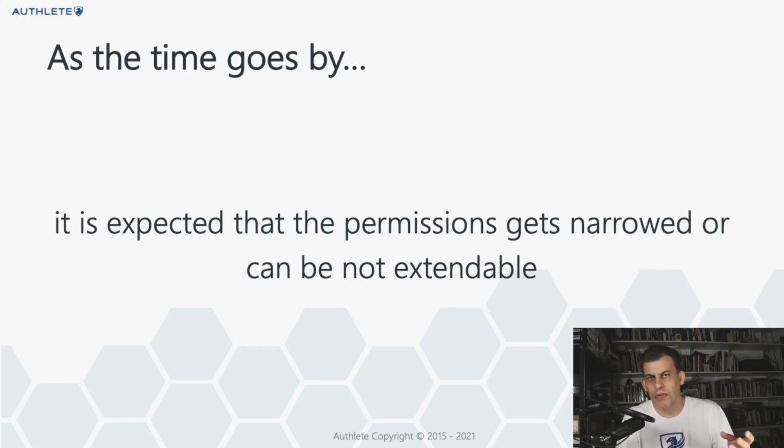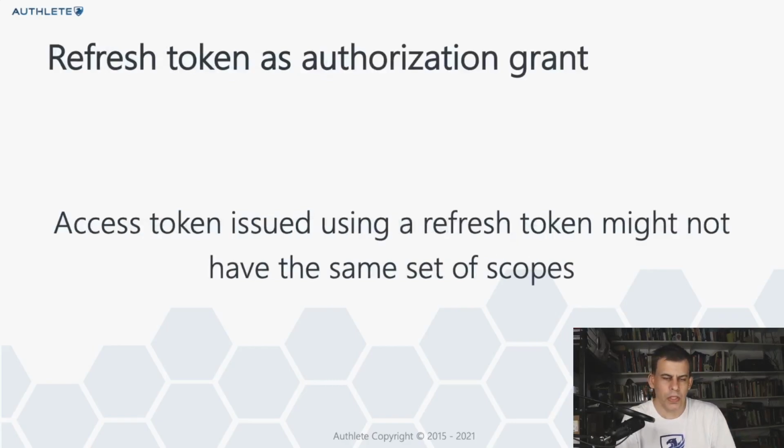As it's transparent to you, it's better for it to get narrower and narrower, probably until it reaches a point where the refresh token is not valid anymore, and the client cannot extend its session indefinitely, right? Another aspect is that the set of scopes might be different, right? So the permissions might be different.